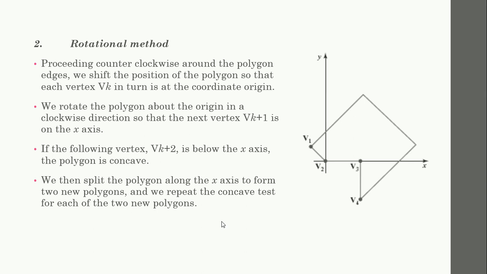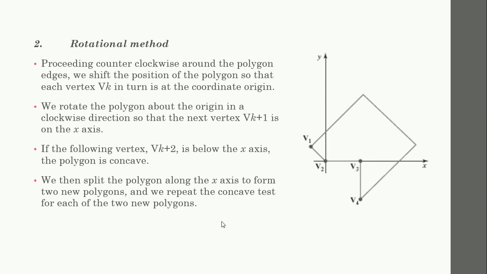Next, after v1 you have to keep v2 on the origin and rotate, again v3 you have to keep on the origin, and next you have to keep v4 on the origin. Like this you keep them one by one on the origin. We rotate the polygon about the origin in the clockwise direction so that the next vertex vk plus 1 is on the x-axis.